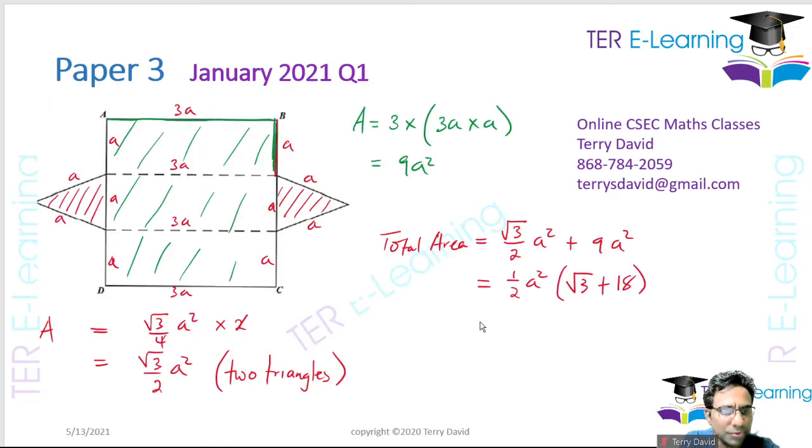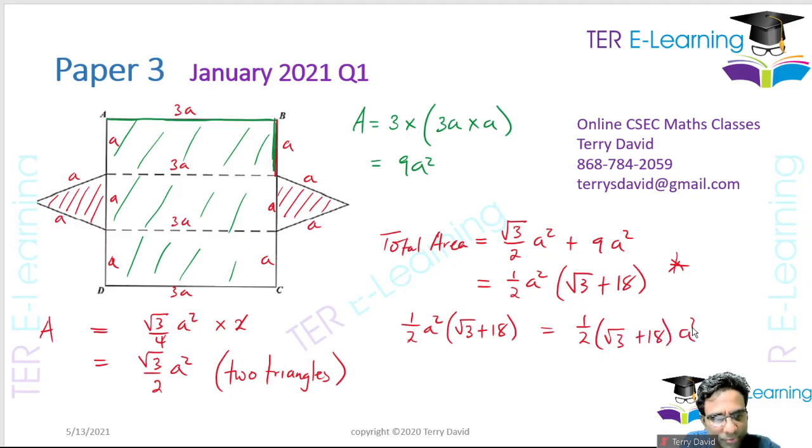So that's my area, right? We did part of the proof here. So now we need to show that a half a squared, right, multiplied by root 3 plus 18. So we just need to work that out now. That is the same as saying a half multiplied by root 3 plus 18 multiplied by a squared, right?